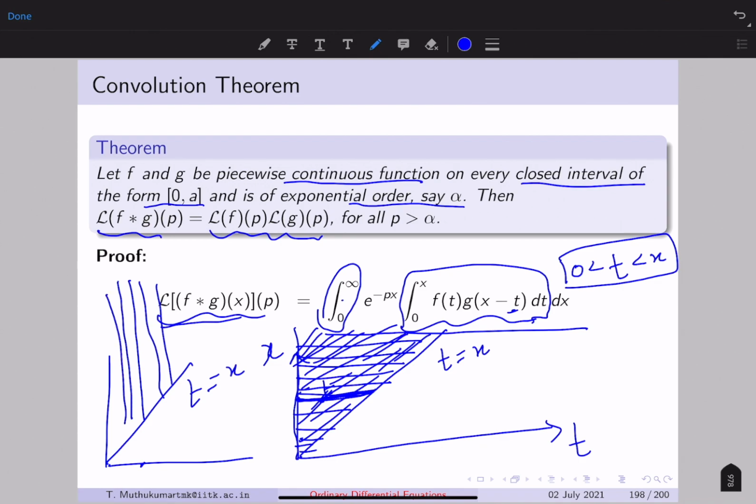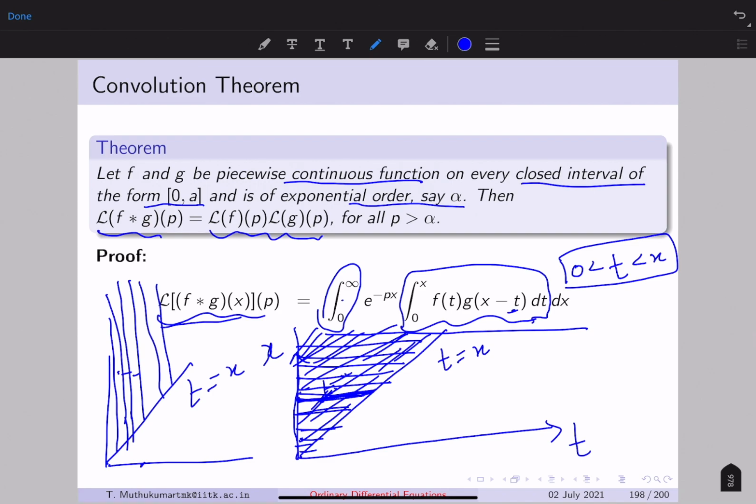Once I fix t, I integrate over these lines, and then I sum over all these lines, right? Here the integration was done first along the horizontal line, and then you sum over all these horizontal lines. Here I am saying you first do the integration along the vertical lines, and then you sum over all the vertical lines. Okay, so this region and this region are same. It's just that in what order you do it is what matters.